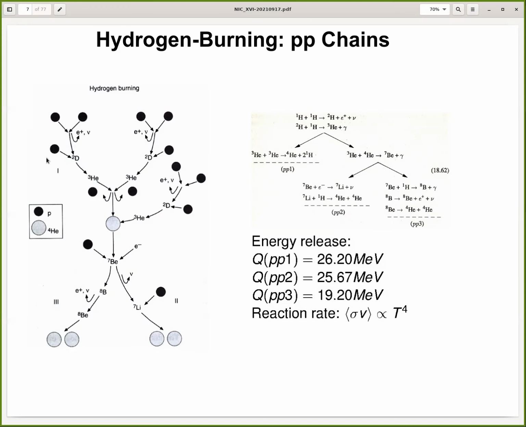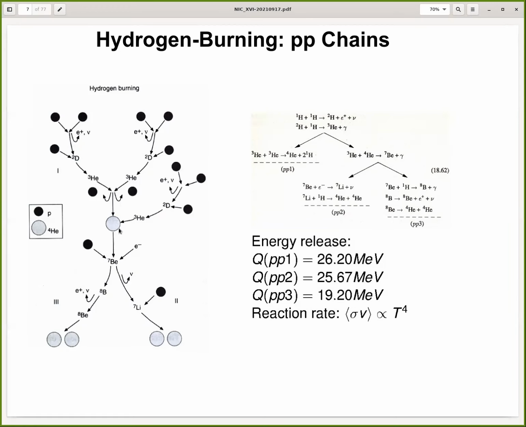Then we have another reaction where this deuterium captures another proton and makes helium-3. From that point on, we have to wait for another helium-3 being made in the same way on this side. Then eventually, if you have made enough helium-3, some of these may find each other and can fuse together and make a helium-4.